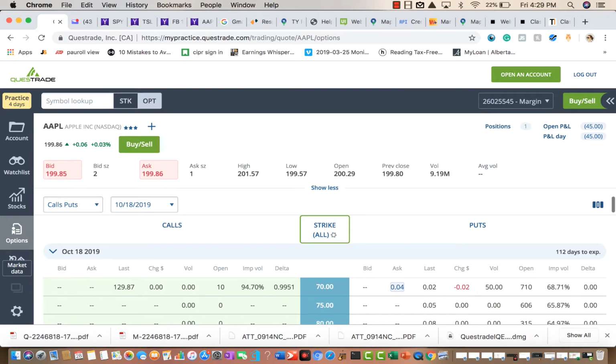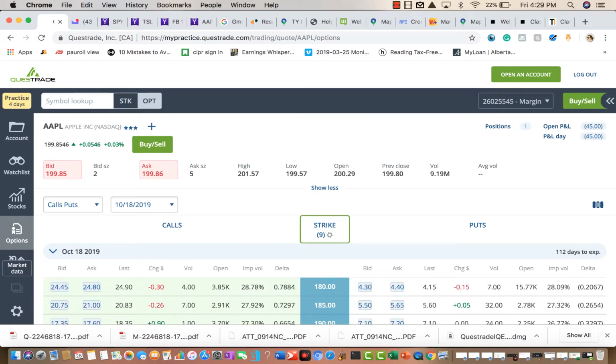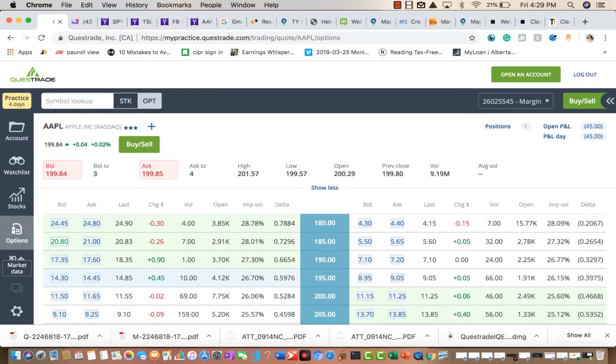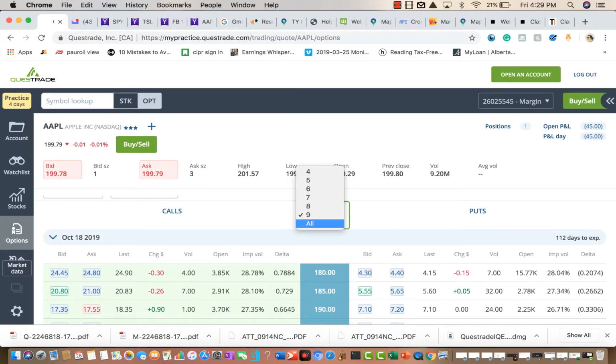If it's just at 9, you're limited. The options that are in the money are going to be highlighted in green, like this one right here. It starts at 0.59, 0.66, 0.72, 0.78. But if I want to have more options, I just click all.